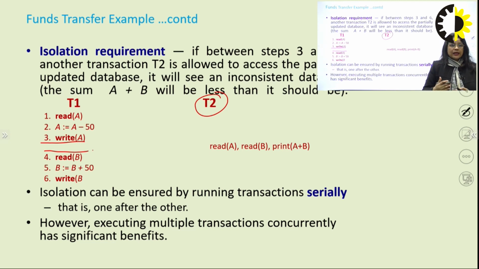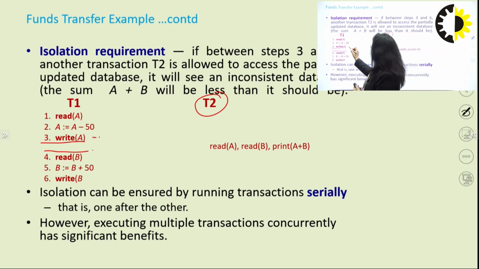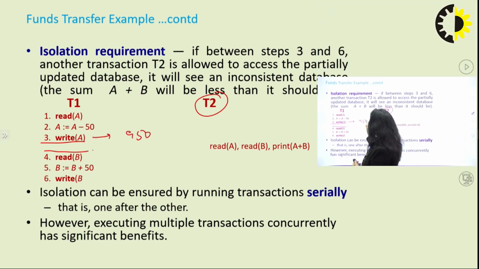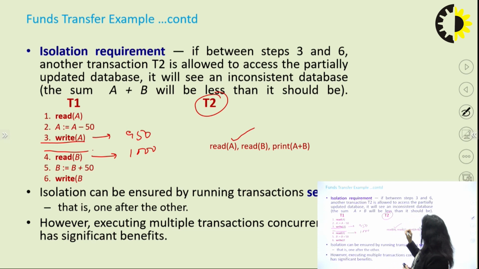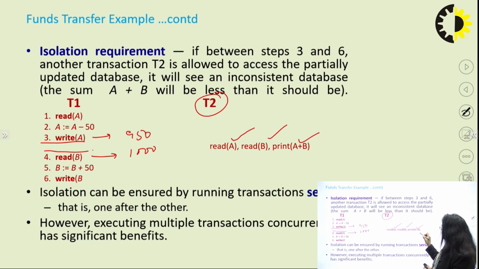It will see an inconsistent database, right? So here we can see $950, and this has $1000. So it will read 950 in account A and 1000 in account B. If we add both, we will get 1950, whereas it should be 2000, right?